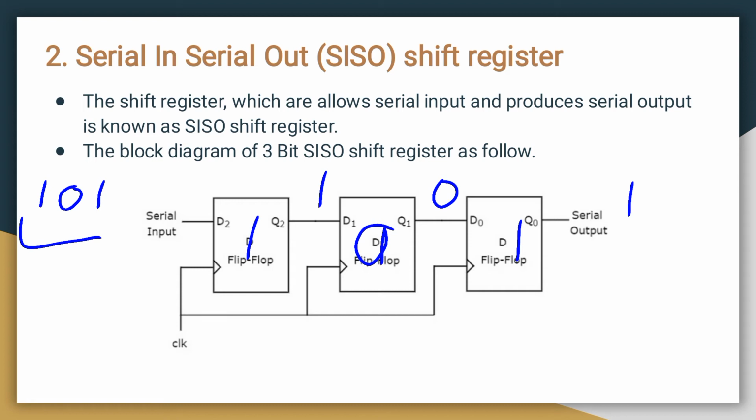So now the fourth clock is going to apply. The fourth input is not there. So at a time, all the clocks are going to apply on these D flip-flops. Now at the last flip-flop, that is the third flip-flop, the input is 0 and the clock is applied. So the set is going to be reset.